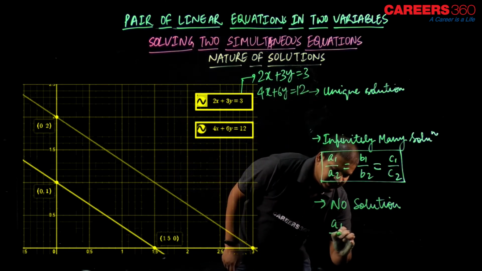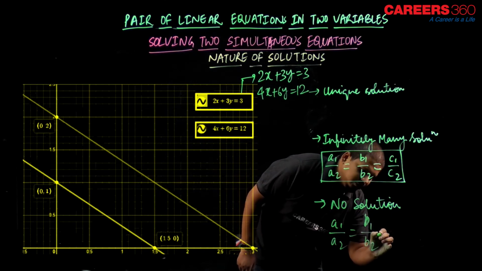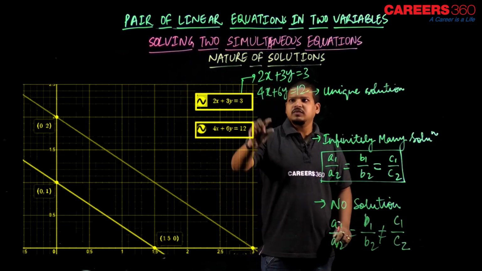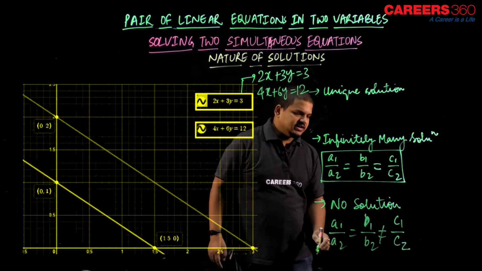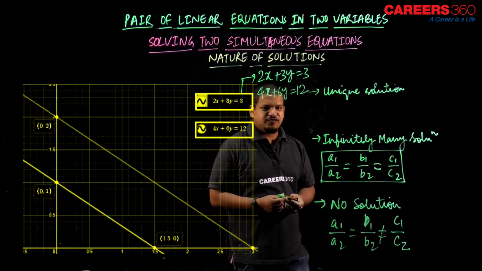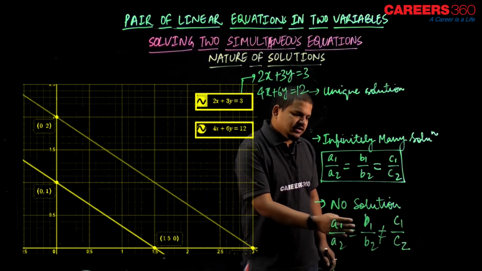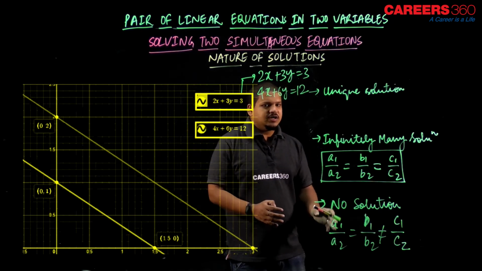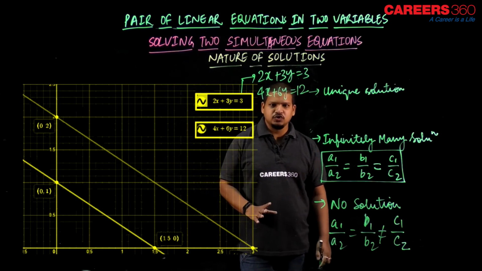So the condition is a1 upon a2 is equal to b1 upon b2 is not equal to c1 upon c2. a1 upon a2 is 1 by 2, b1 upon b2 is 1 by 2, but c1 upon c2 is 1 by 4, and that is why this condition arises. If the ratio of coefficients of x and the ratio of coefficients of y are equal, but the ratio of the constants is not equal, then they will give no solutions.